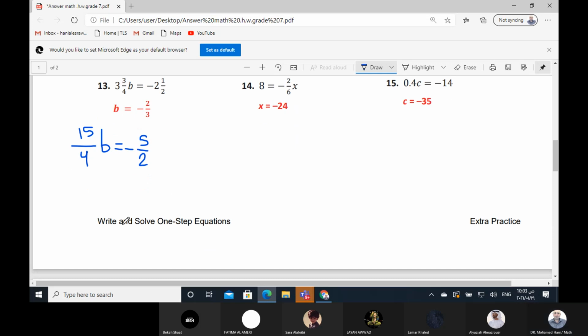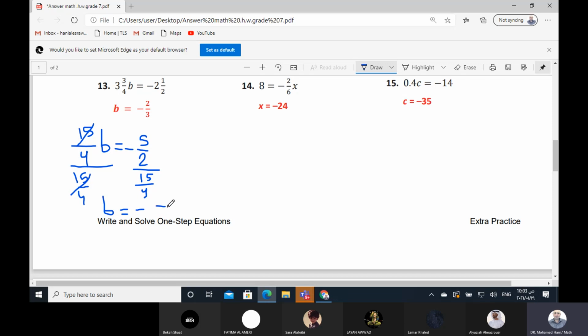Then the coefficient here is 15 over 4. So divide the two sides by 15 over 4. 15 over 4 divided by 15 over 4 is 1. 1b means b equals minus.